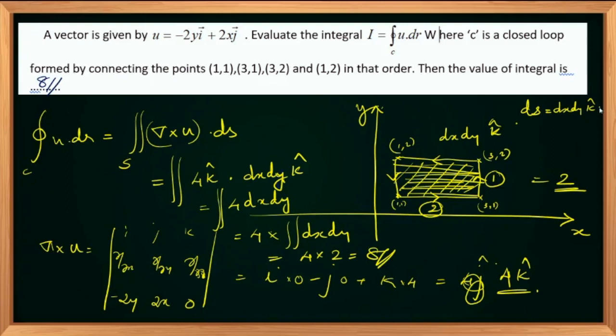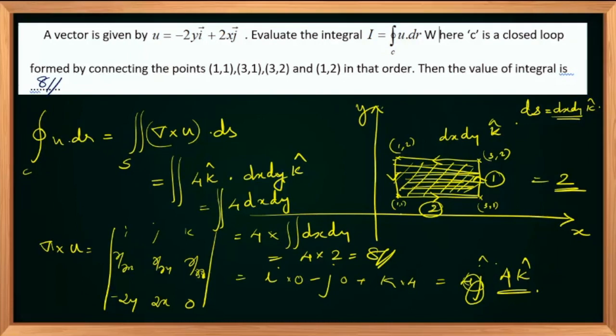You must be able to understand why dS is dx dy k vector, because any small area on this surface can be represented as dx dy, and its direction is based on the thumb rule. Keep your right hand fingers rotating in the direction of the loop, and the direction of the thumb will represent the direction of area.